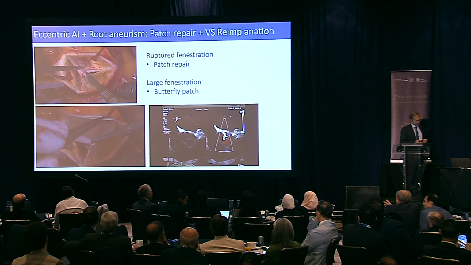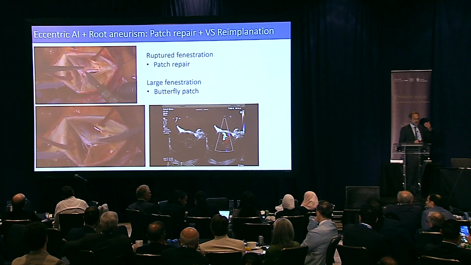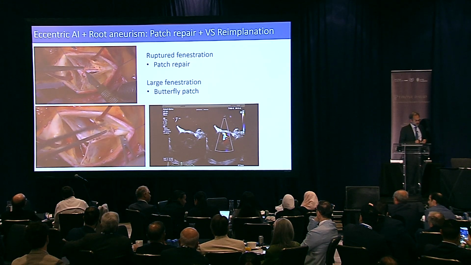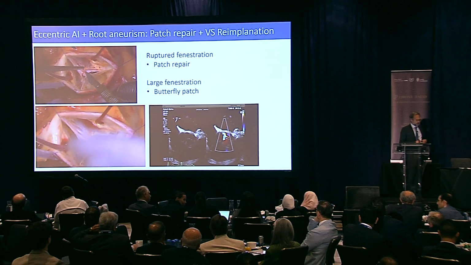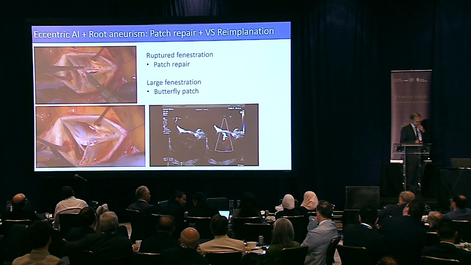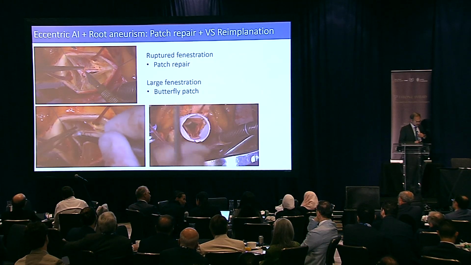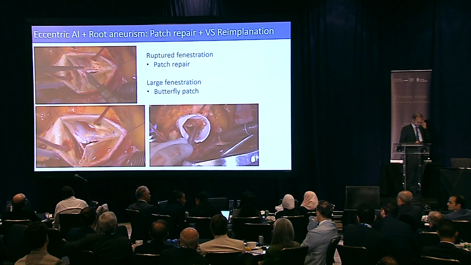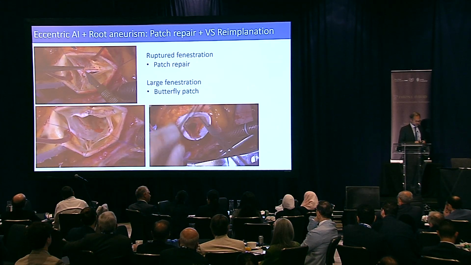And in fact, there was another large fenestration on the opposite commissure between the left and the none. And you will see how it is repaired with another type of patch. At the end, you see already the final result.